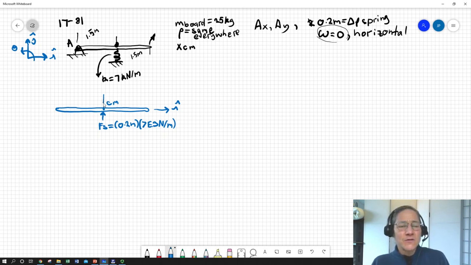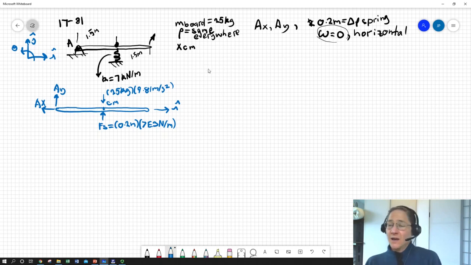And I know where the center of mass is, so I know the board weight of 25 kilograms times gravity, I can assume, is working right through the center of mass, and then I'm going to have an AY and an AX. So I'm going to draw them in. I'm going to draw AX in the negative I hat direction. We'll see what it ends up being.